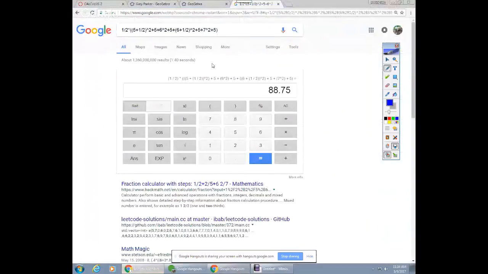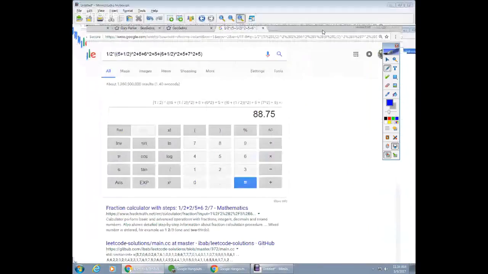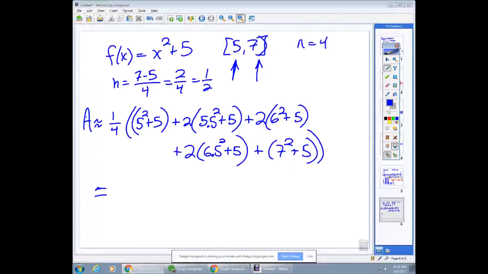Let's see, where's my computer? Let's bring that over here so you can see what we're typing. All right, so this is similar to that. I want that to be a 4th. And then I need parentheses. And what am I missing? Oh, I'm missing that one.